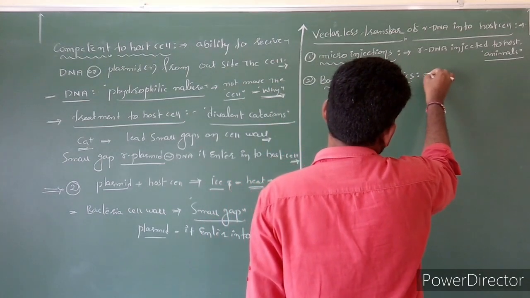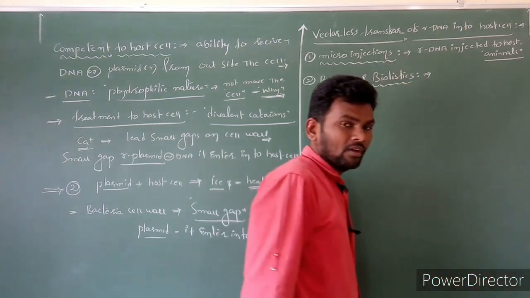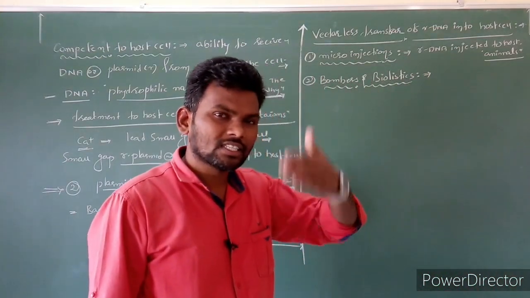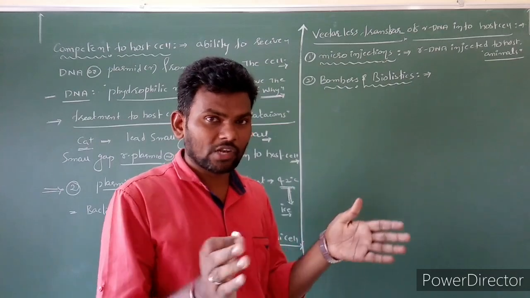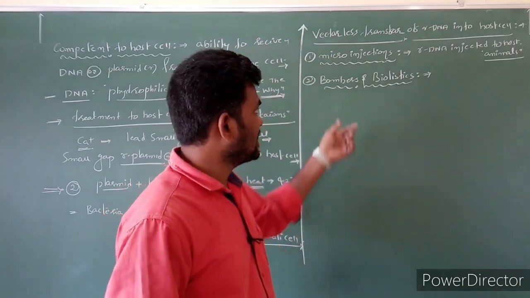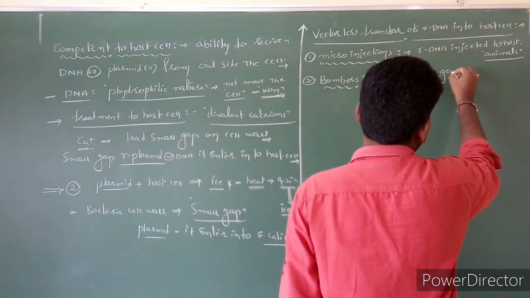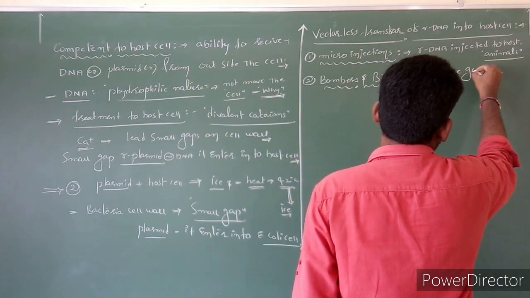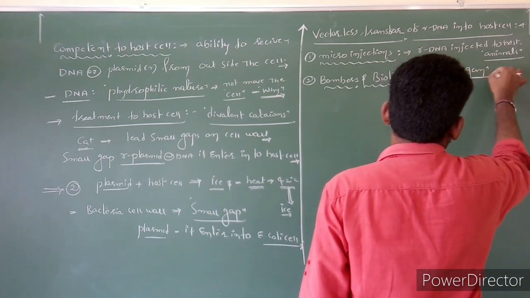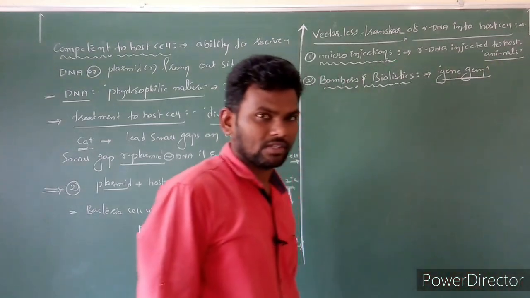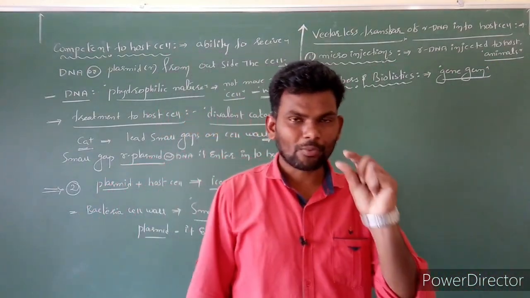This is for plant cells. Why? Because the plant cell contains a cell wall, we have to break the cell wall first. So bombers, biolistics, is also called a gene gun. Here first we have to prepare one bullet.